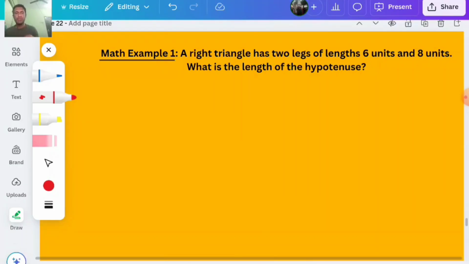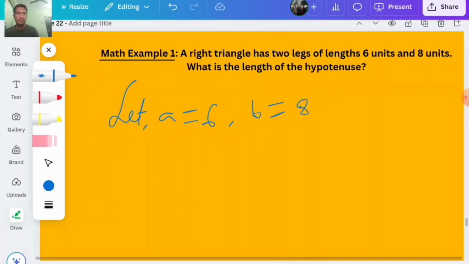So if one leg is 6, let A equals 6, B equals 8, and C equals what?